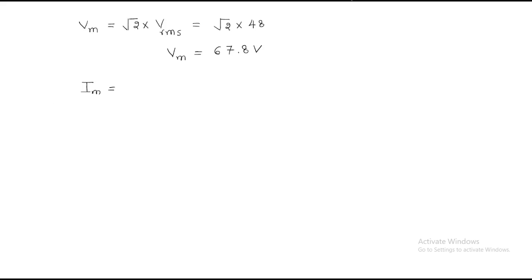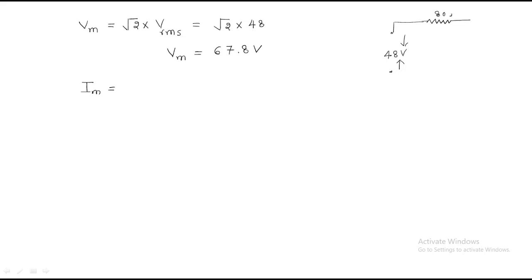Simply we can draw a circuit here. The applied voltage is 48 volts RMS, and it is applied to the diode. But when the diode is forward biased, it has some internal resistance.